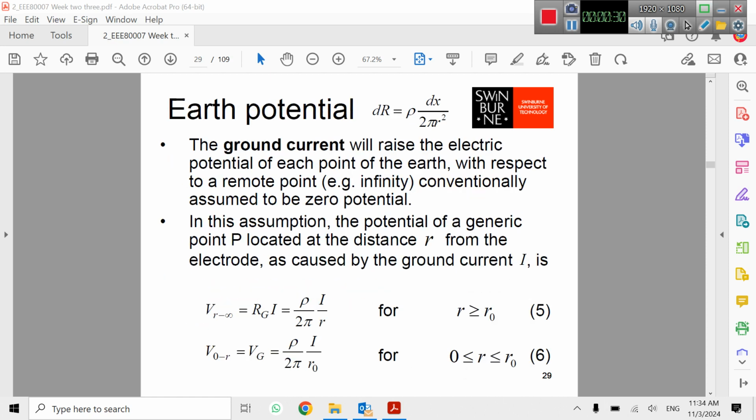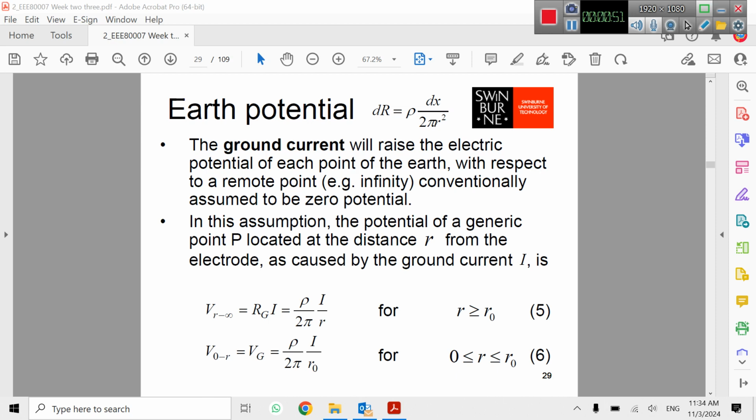So in the calculation of the earth potential, it is very clear that the earth potential is the Rg, the ground resistance or earth resistance, times the current which is passing through that area.